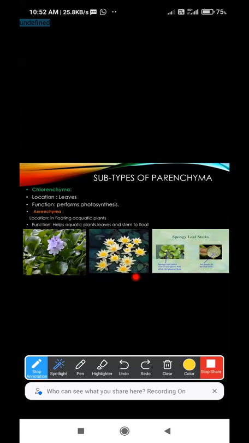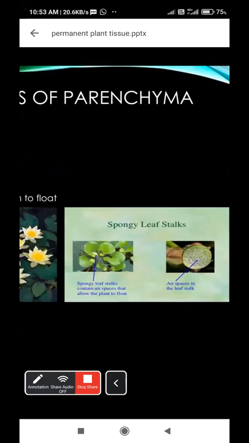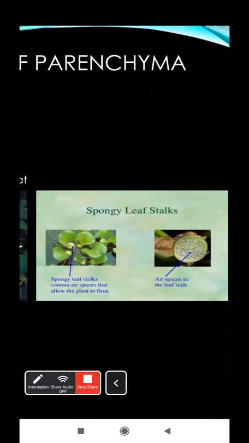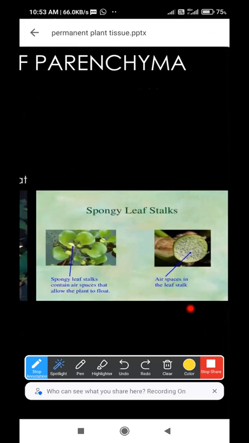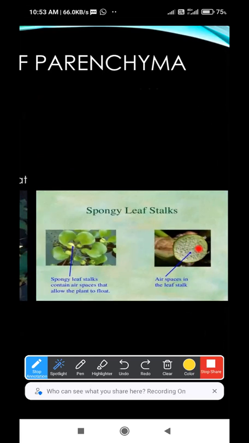The stem of the lotus or the water lilies contains the parenchyma tissues, as you can see in this picture. See, this is how the parenchyma tissue looks. You can see these bubble-like gaps within the plant. See, this is an Eichhornia plant, and this is a stem of Eichhornia, where you can see these air spaces if you cut the stem.